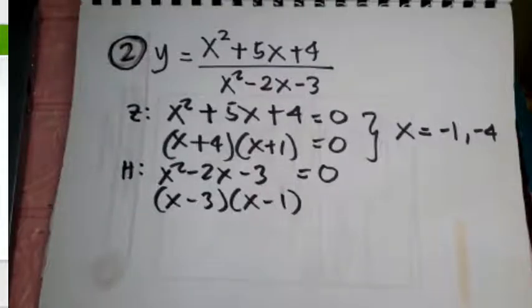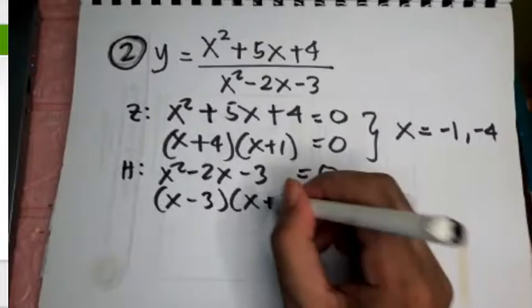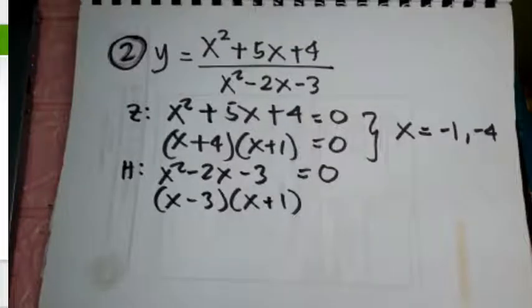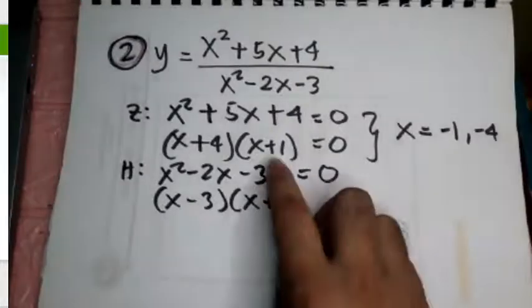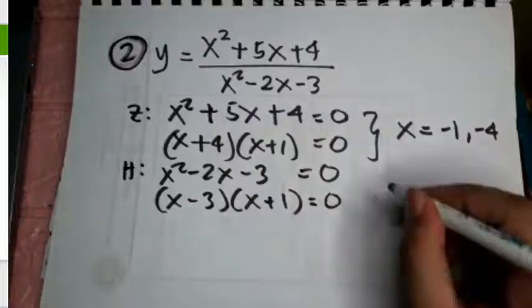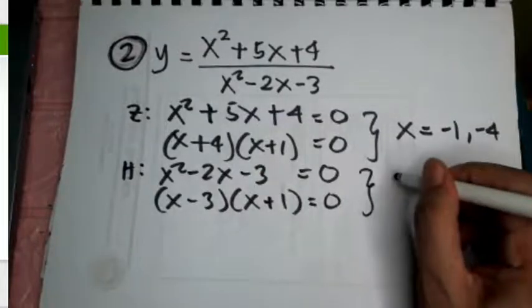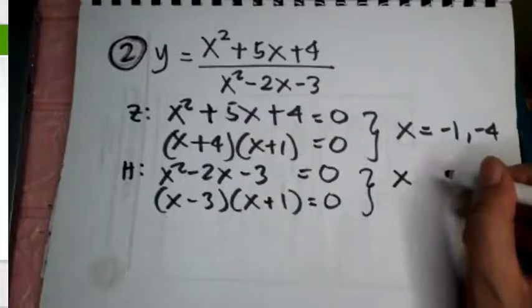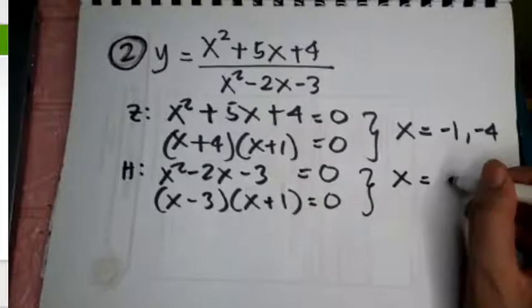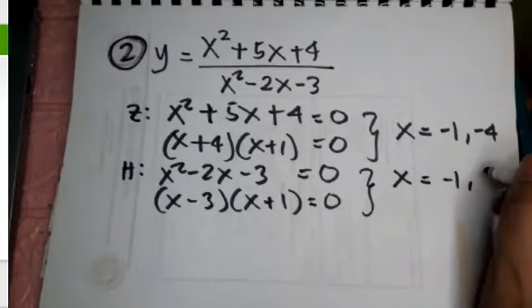That is the factor. So, by factoring, negative 3 times 1 is negative 3, negative 3 plus 1 is negative 2. So, that is our factor, and that is equal to 0. Therefore, the answer is, there are two holes: x is equal to negative 1 and 3.